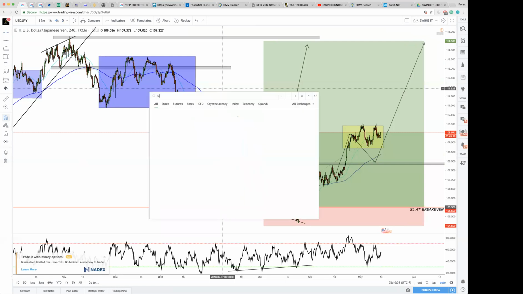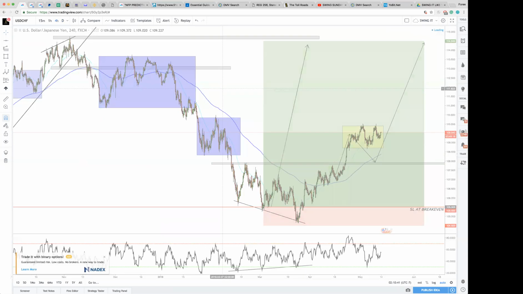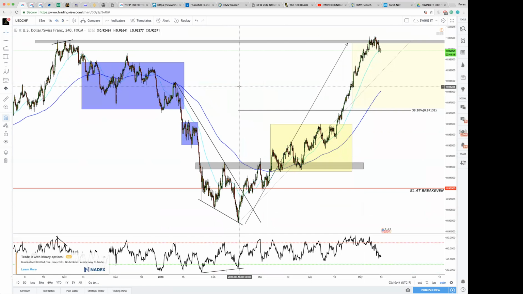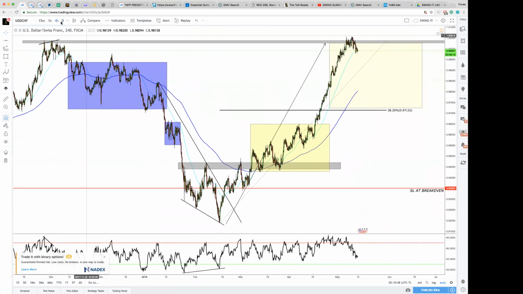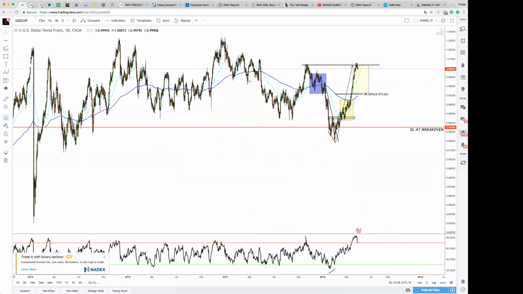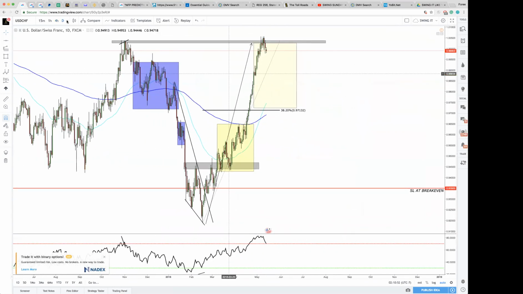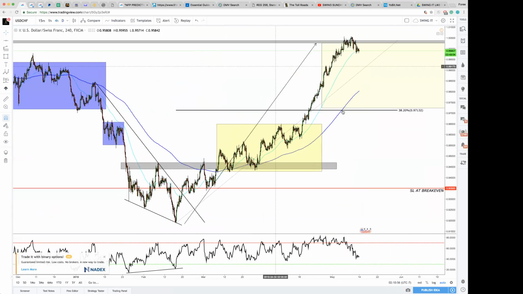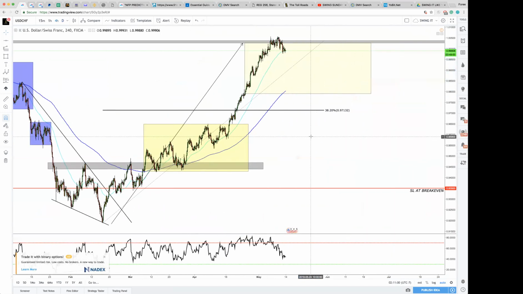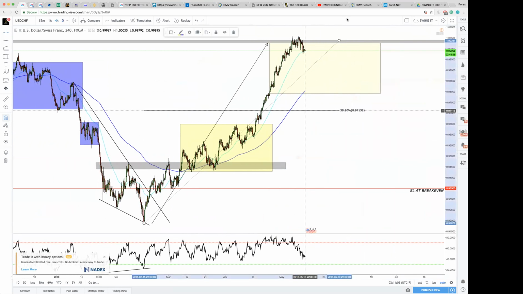All right. Next is USD CHF. All right, USD CHF. Oh wow. It's basically at the resistance. So most likely the price might come back to the 200 EMA and then reject from that point.